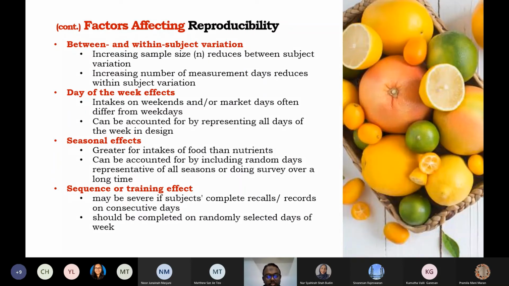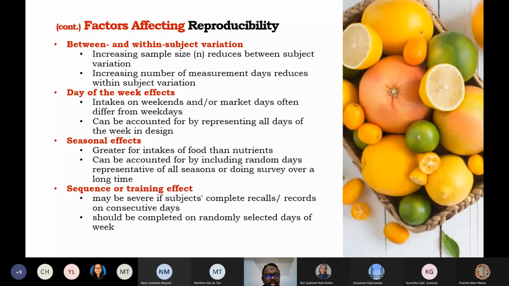So the intake will be different on weekends and weekdays. This can be accounted for by representing all days of the week in the design. So to avoid day of the week effects on reproducibility, you can include all days of the week in the design. As we are doing now, we do 2 weekdays and 1 weekend. So that is acceptable.